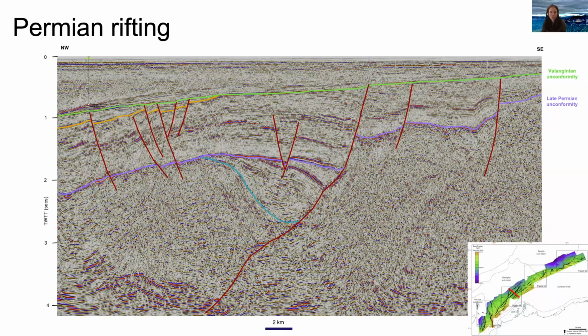To illustrate that, you can see the seismic line that I'm showing here, and that's the location of the seismic line. That seismic line shows the rotated upper Carboniferous and Permian sediments below the clear angular unconformity with Triassic sediments. This is the unconformity, and then you have the Triassic sediments.